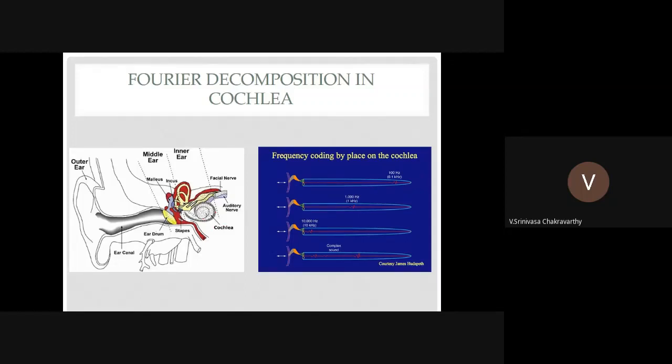Behind the inner ear, you have a system called the cochlea, which converts the input sounds into electrical signals. Specifically, it does some kind of Fourier-like decomposition of the input signal, because the cochlea has something called a basilar membrane. The cochlea looks like a snail with lots of folds inside.